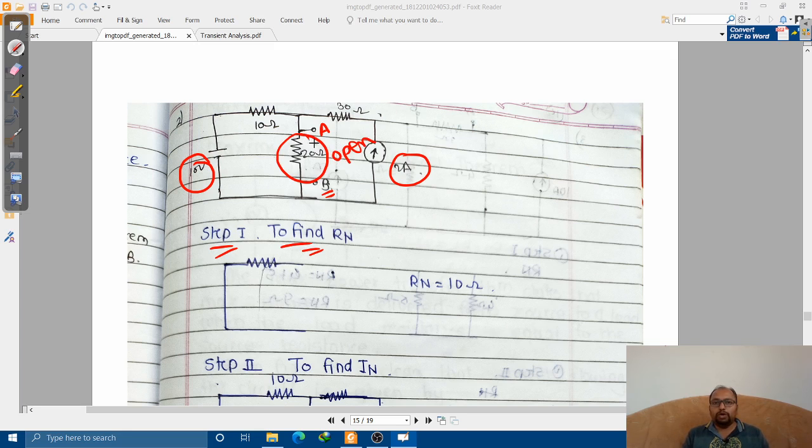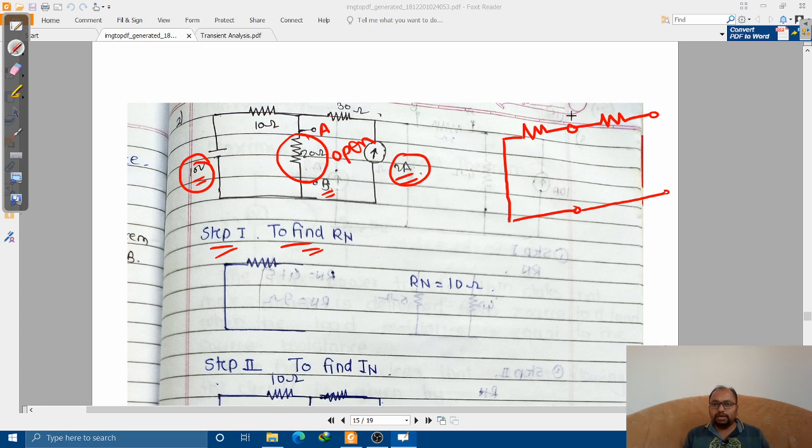Once I make an open circuit over here, I have to again open circuit this 2 ampere source, and we have to make a short circuit at the 10 volt source. So ultimately this is short circuited, and then this is nothing but this resistor. And what about this? This is open circuit, no?